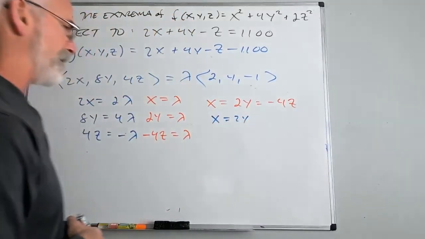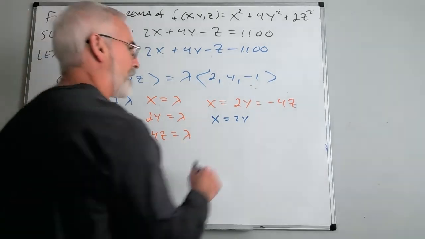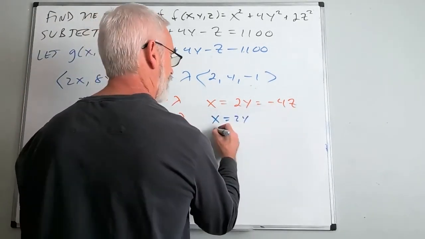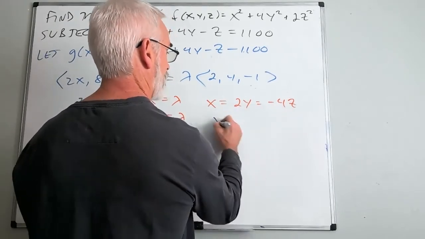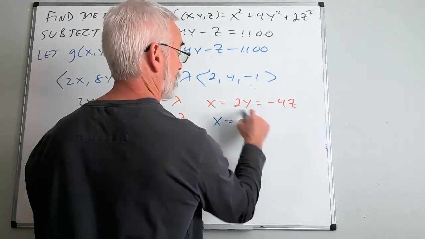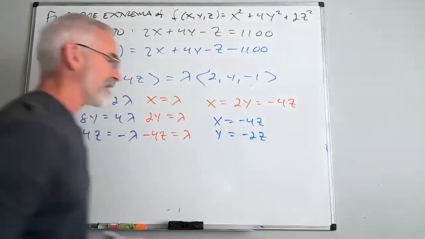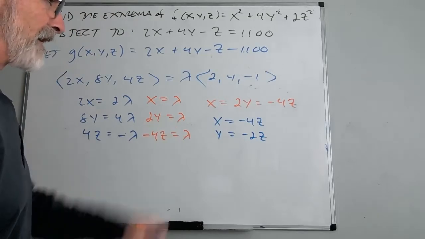Well, actually, maybe I should put everything in terms of, let's see, would it be easier to do x or 2y? Actually, I'm going to do everything in terms of z. Sorry, I'm going to use x equals negative 4z. It doesn't matter, but then I can say y equals negative 2z. I don't want any fractions. I think that's the only way I can avoid fractions.